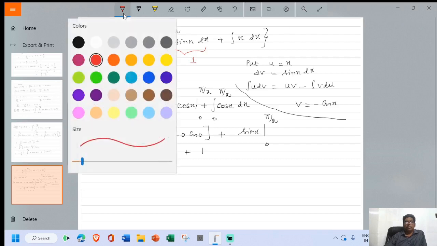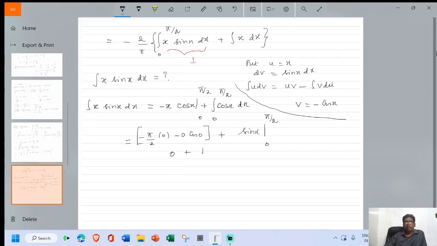Now this changes as: the value is minus 2 by pi, then minus 2 by pi into the integral of x dx with limits from 0 to pi by 2.